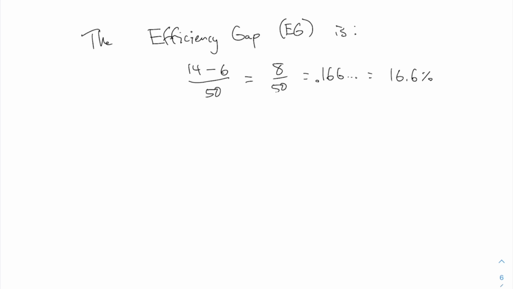Both of them are wasting some. It's just that the D's are wasting that much more. And we say the efficiency gap is 16% in favor of the L's. This is an important part of the answer, all right? So the efficiency gap always consists of a number, and then you say in favor of somebody or other. The D's are wasting more, and so this is in favor of the L's.